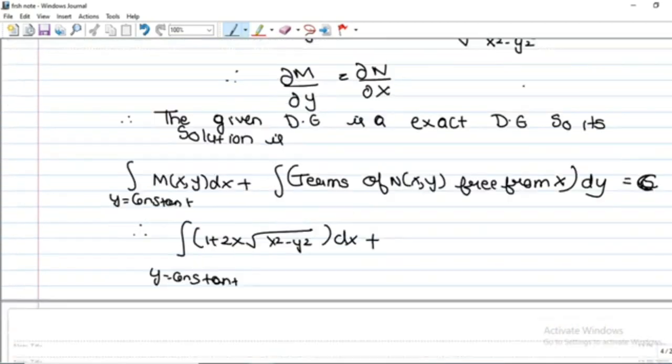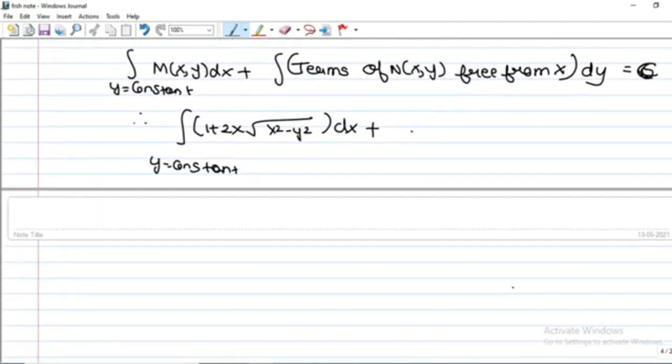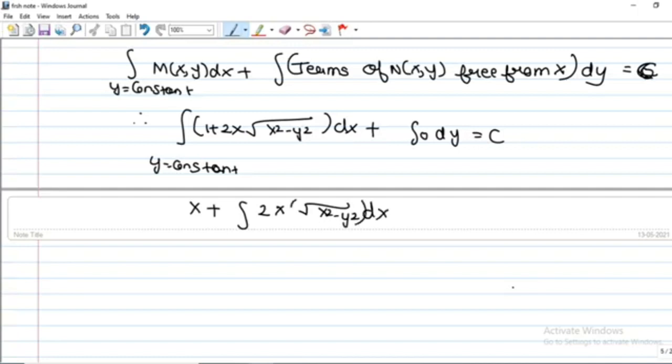So we write integral 0 dy equals constant. If I integrate, I am going to get x as it is, and now the integral of 2x under root x square minus y square dx plus 0 equals c, and here y is constant.